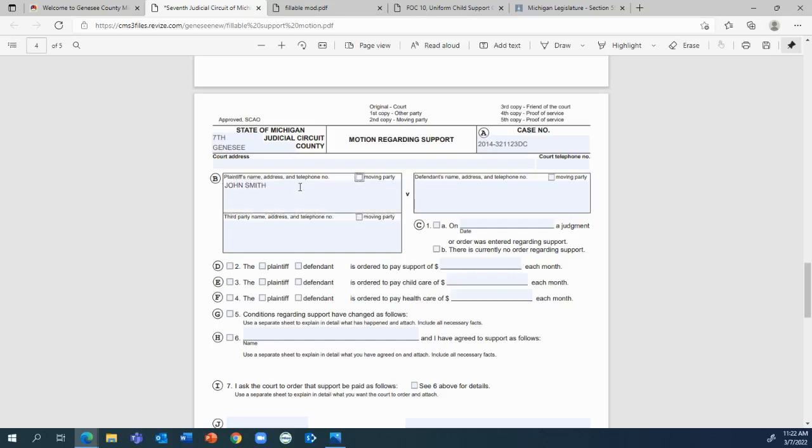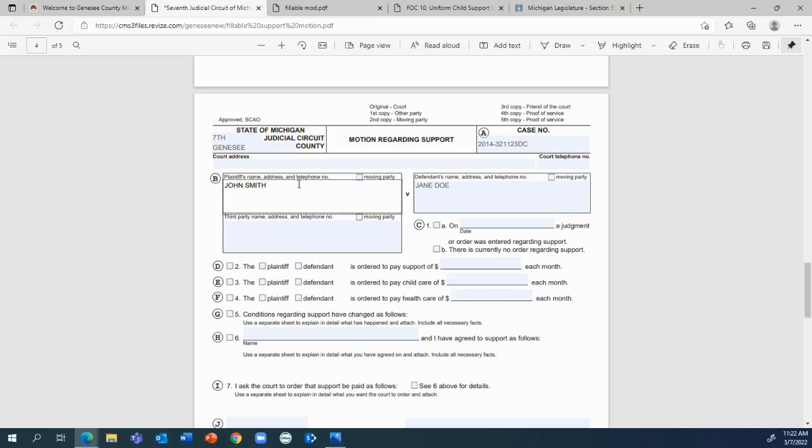So I'm going to go with John Smith. I'm not going to go to all the effort of putting in fake addresses and telephone numbers, but make sure you fill out the address and telephone numbers when you're filling out this form. It's important that these addresses are good addresses because they will become your legal address.